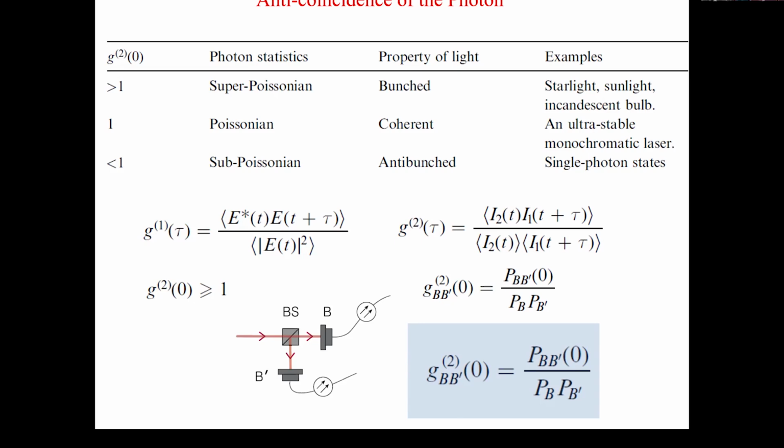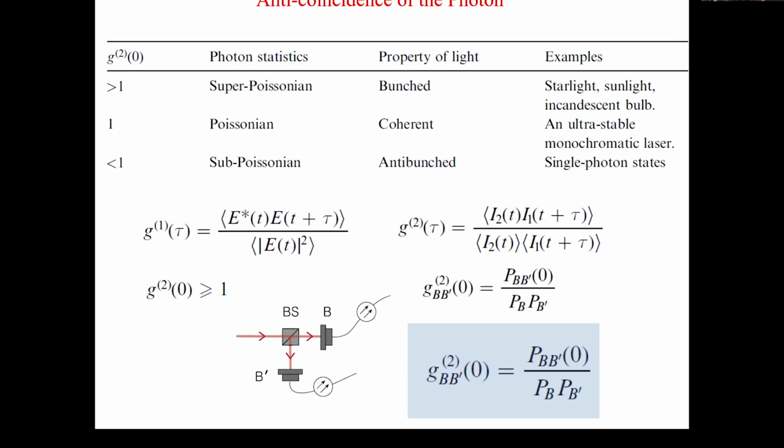So in terms of probabilities, when you deal with finite sources like single photons, these intensities become probabilities. So the numerator, which is a product of two intensities when tau equals 0, becomes the probability of a detection at both B and B prime at the same time.